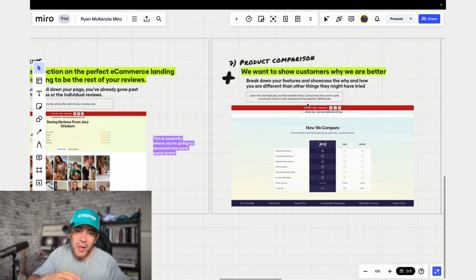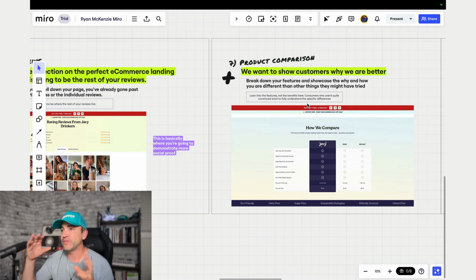This is when you want to demonstrate features, because this section is specifically for people who are looking at a few different options and want to see which ones are better based on their composition, their product specs, or the different features that they offer. Like, why should I pick this one over the other? This is really leaning into that area between parent and adult. The adult's like, why is this different than the other ones?